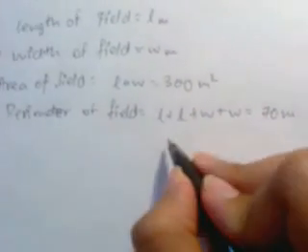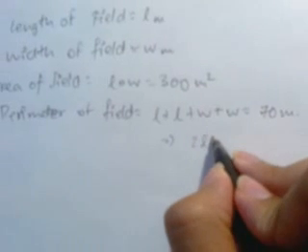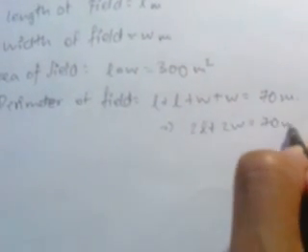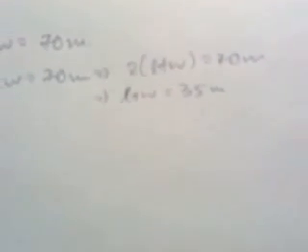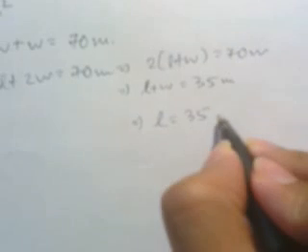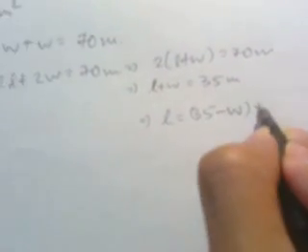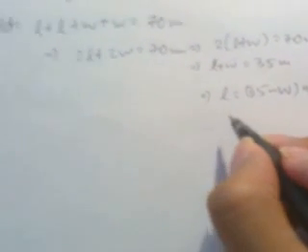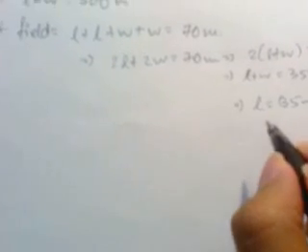Let us simplify that. 2L plus 2W equals 70 meters, which leads us to taking 2 common: 2 times (L plus W) equals 70 meters, which leads us to L plus W equals 35 meters, as I divided both sides by 2. That leads us to 35 minus W meters equals the length.